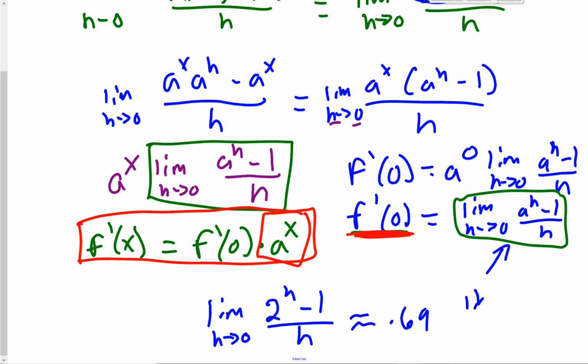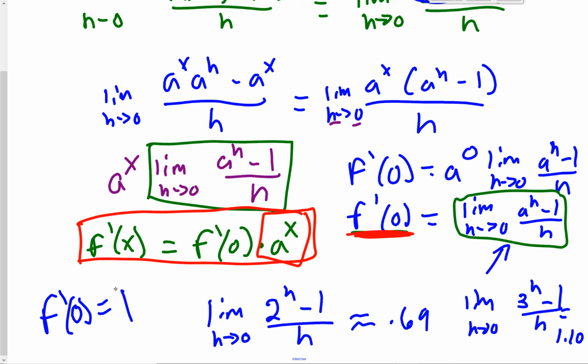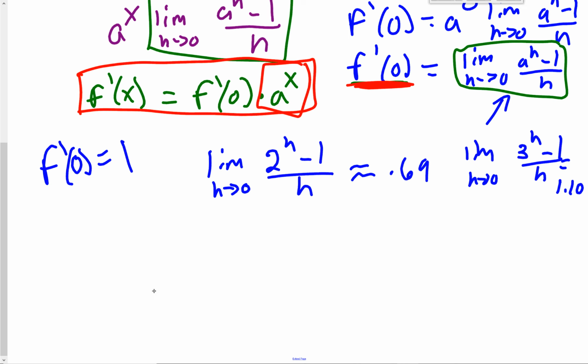As I take the limit as h goes to 0 plugging in 3 for my a, that number gets closer and closer to 1.10. And if you plug in more numbers, this number eventually approaches 1 for f prime of 0. So it approaches 1, and I'm sure you can look up the proof on that.